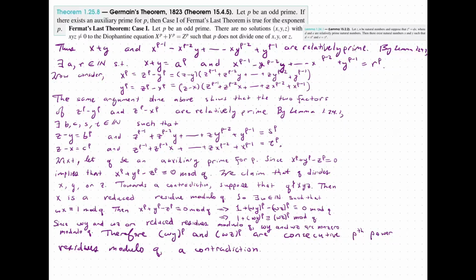But q is an auxiliary prime for p, so we get a contradiction about that statement. And because we have a contradiction, that establishes our claim. That tells us that then q has to divide x, y, or z.